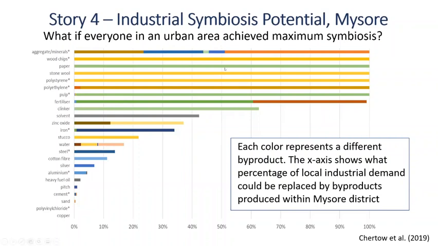And the answer is, for these first early materials, for wood chips and paper, 100%. For stone wool, 100% if we were all doing the maximum recycling. So this is really what we mean by industrial symbiosis potential, and how we think that once knowing these things, even at the local level, returning and reusing materials can be effective.